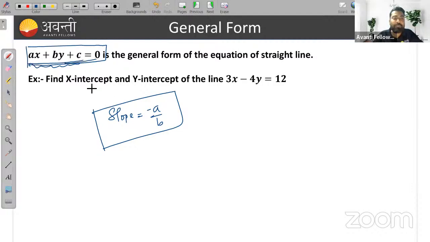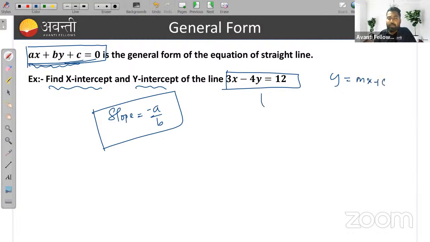Right? I already told you to find the x-intercept and y-intercept of the given line. You can easily write this in the form y is equal to mx plus c. If you convert it into y is equal to mx plus c, what will happen? This will be 4y is equal to 3x minus 12, and y becomes 3 upon 4 into x minus 3.